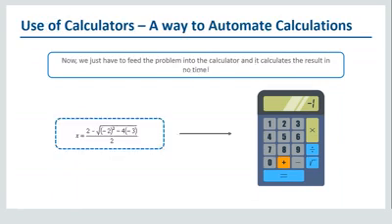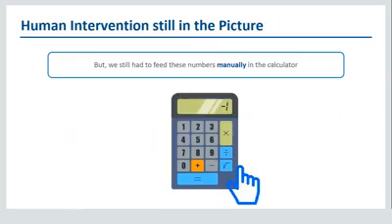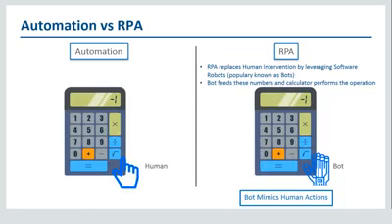There was no more scope of errors because we were using a machine to calculate numbers. But still, if you think about it, we still had to feed in the formulas that we want to calculate inside the calculator. And we as humans were still lazy and we thought we still have to do it manually, right?